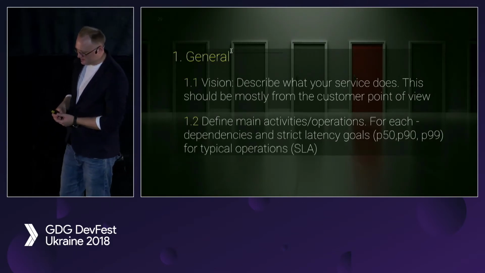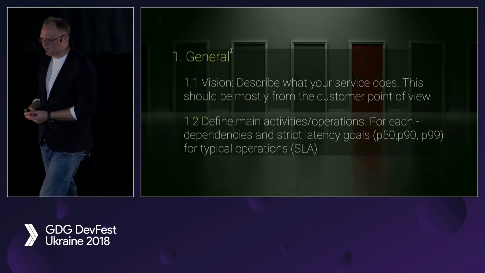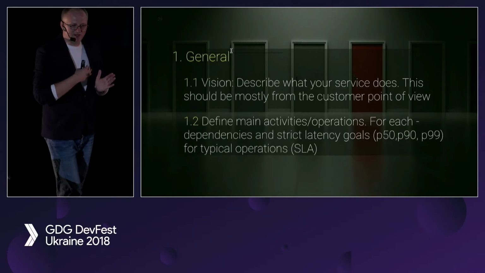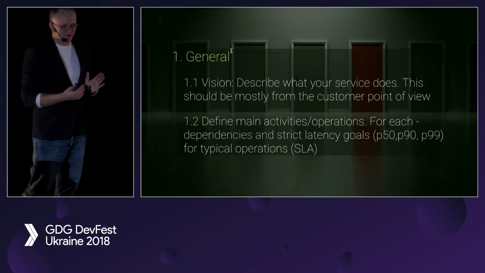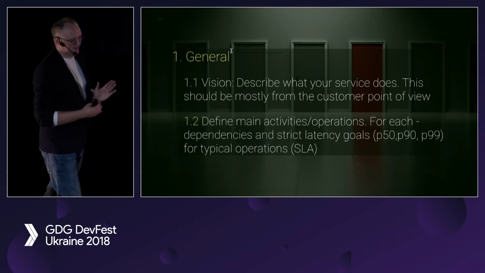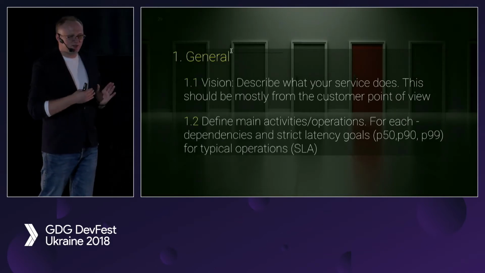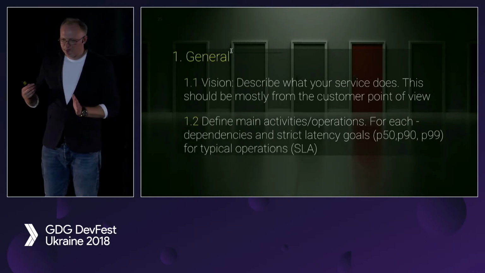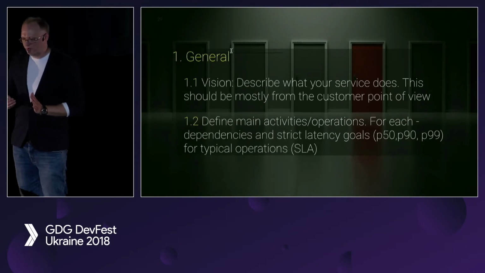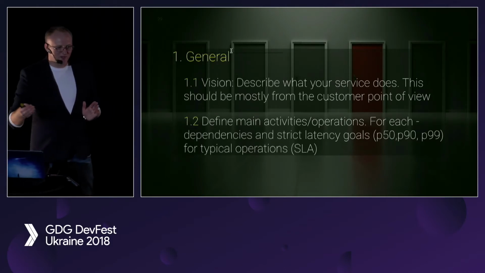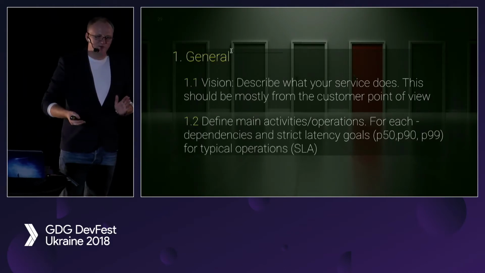And then the second part of this general part is to think about what are the main activities that your user will do, and then immediately start defining the SLAs for them. Start defining what is acceptable for users, because if a user tells Alexa, hey Alexa, what's the current time, and it takes a couple of minutes, this answer will not be relevant.